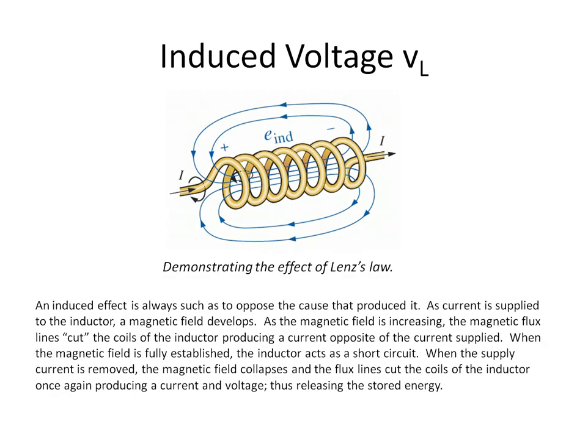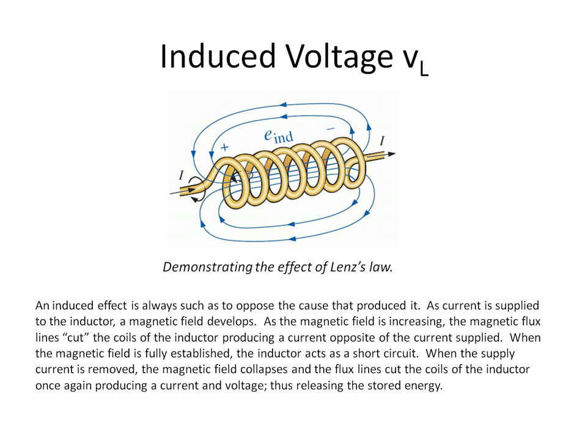When an inductor is charging up, this is when it experiences induced voltage. Now, an induced effect is always such as to oppose the cause that produced it. As current is applied to the inductor, a magnetic field develops. As the magnetic field is increasing, the magnetic flux lines cut the coils of the inductor, producing a current opposite of the current supplied.